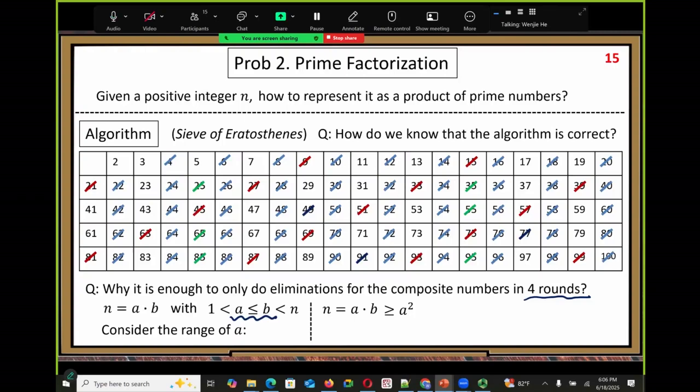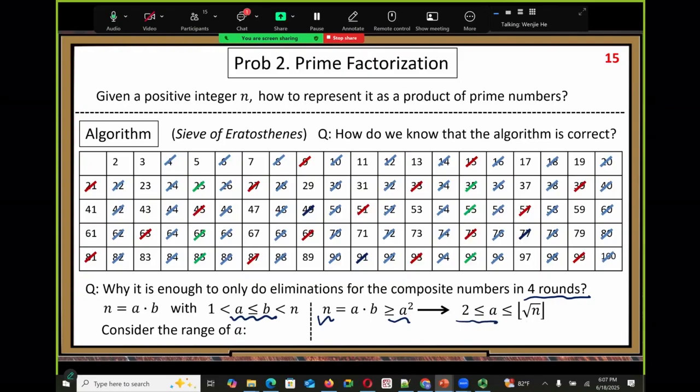That's the basic algebraic property of inequalities. That means N is greater or equal to A squared. We know A is greater or equal to 2. For the upper bound of A, we take the square root.